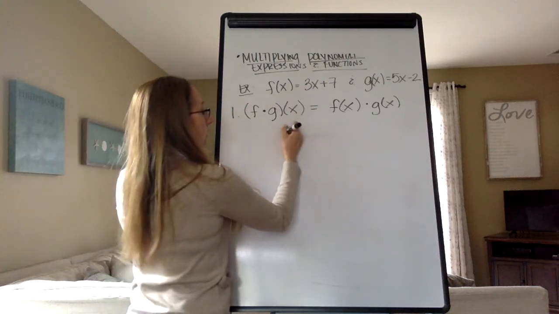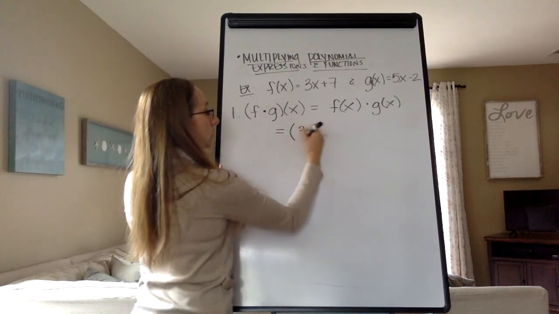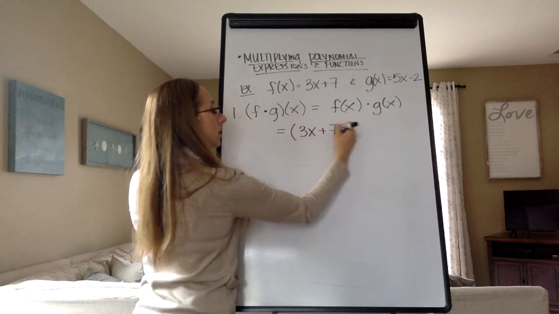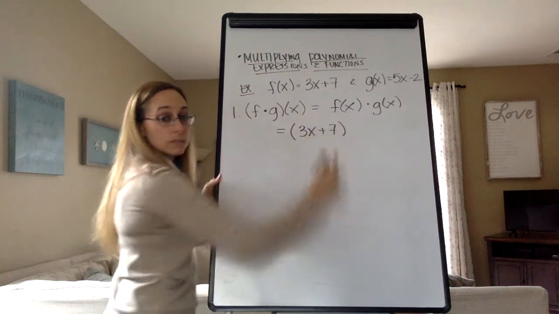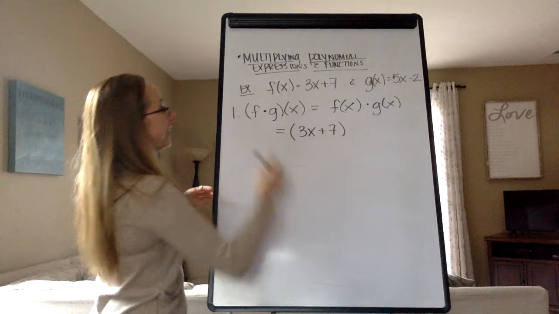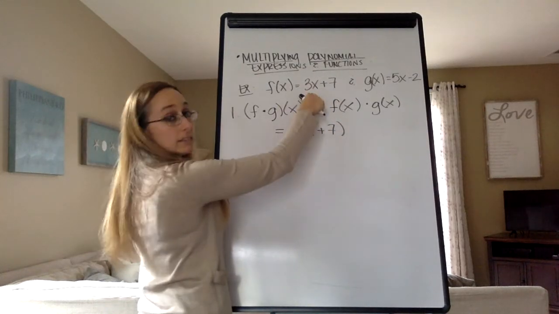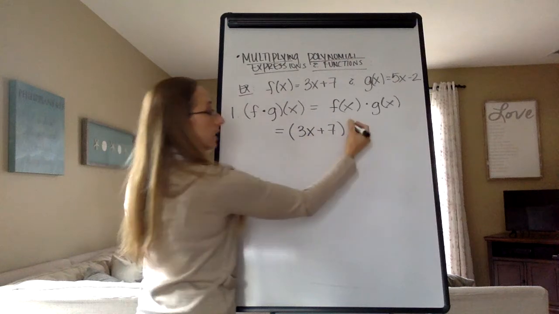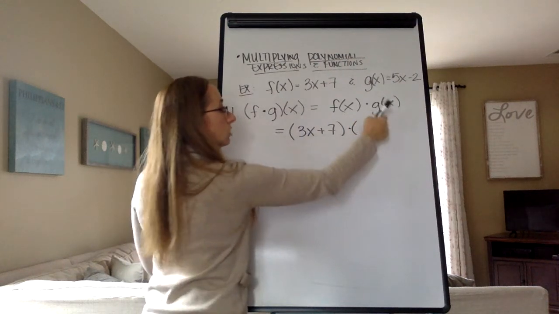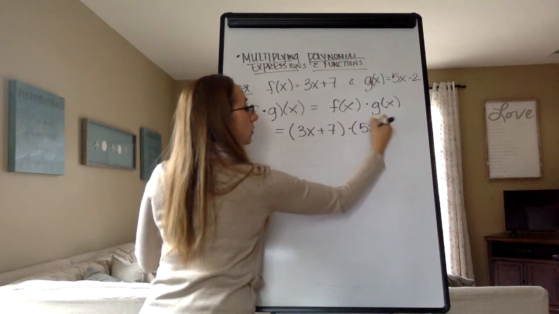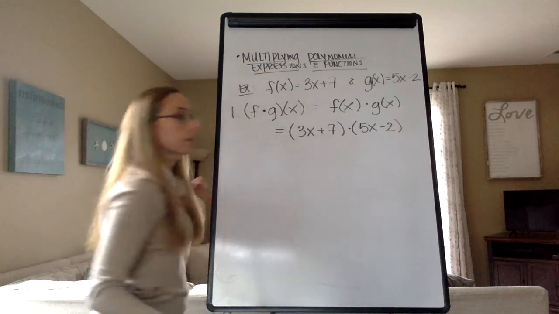So this equals 3x plus 7, because that is what f of x equals, times g of x, which is 5x minus 2. And there we go.